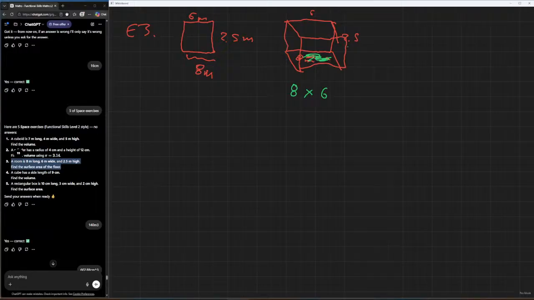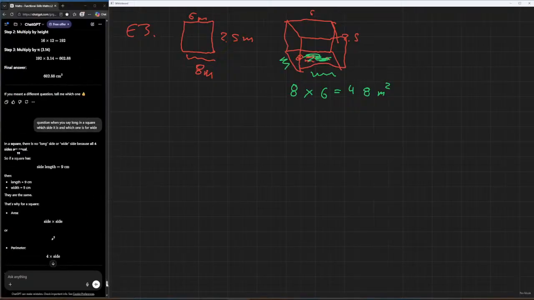Why do I need the height? Because usually, when you have a rectangular 3D shape, you have to find all the sides, but here it says for only one. Find the surface area of the floor. So 8 times 6 is what? 48 meters squared. For question 3, I will write this one and we see where we go.